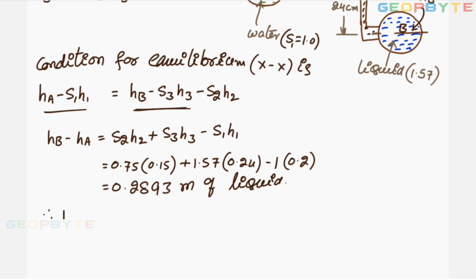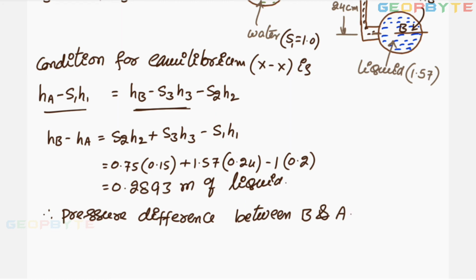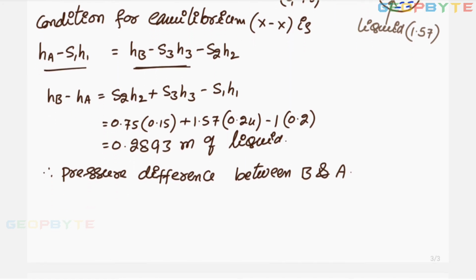Therefore, pressure difference between B and A, PB minus PA is equal to rho into g into HB minus HA.